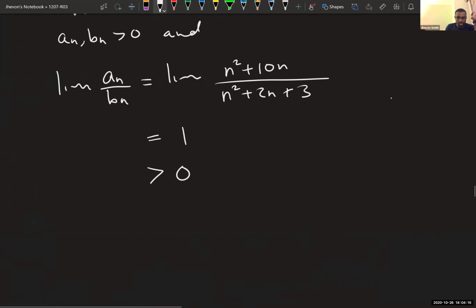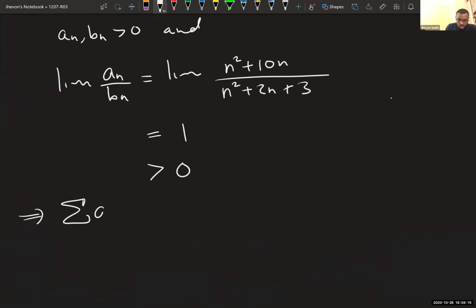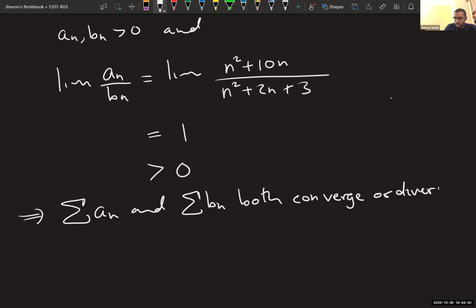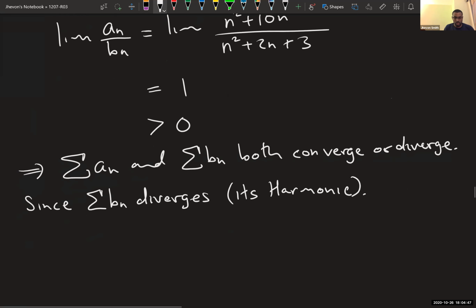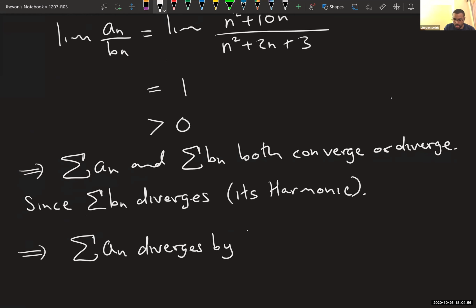So this means an and bn both converge or diverge. And since bn diverges, it's harmonic. It's a harmonic series. This means an diverges by limit comparison.